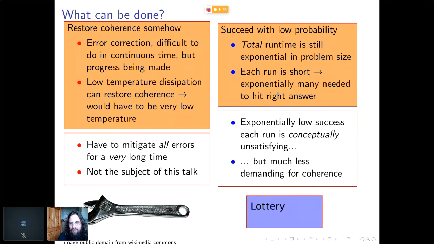And I'd argue that other than the fact that it's also harder to do pen and paper theory in this limit, the real disadvantage is just that it's conceptually unsatisfying. Psychologically, the idea of running something with a very low success probability many, many times just doesn't sound very nice.